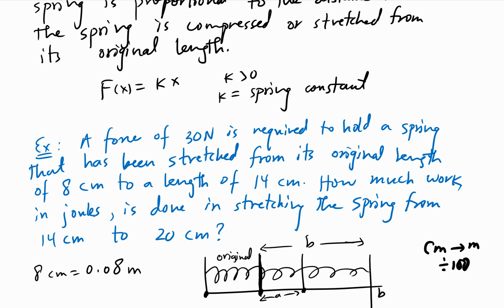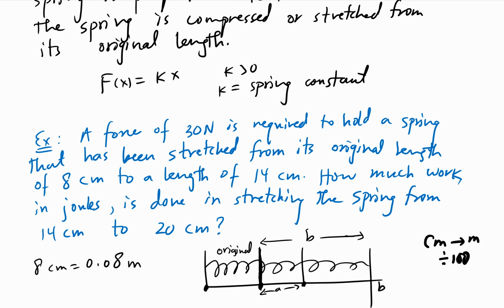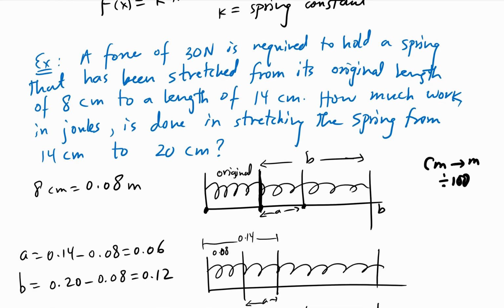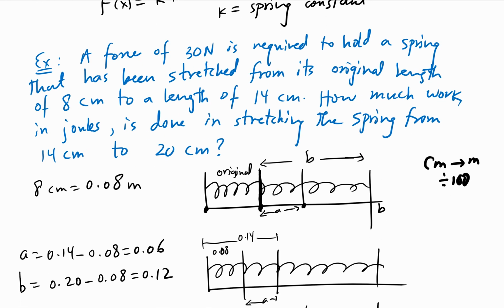And then it was stretched by 14 centimeters, so by 0.14. So to find the bounds A and B, A is going to be 0.14 minus 0.08. That gives me the distance A from here to here. And then same thing with B. It went all the way to 20 centimeters, which is 0.20 minus the 0.08, that's 0.12.